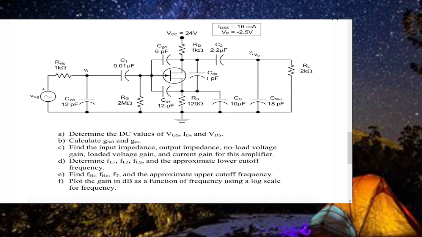I can't get it. That's interesting. 2 megohms, 0.01, 24 volts. Okay, so that uses 2K as an output. Oh, I think I'll save this.